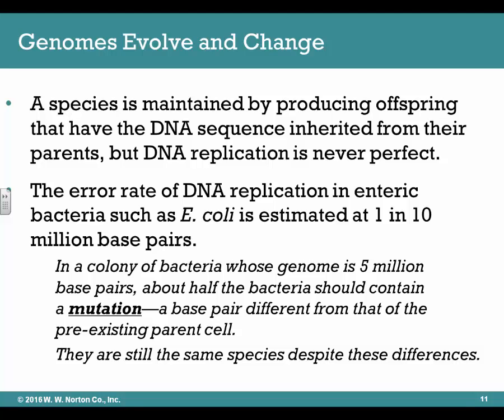And so about half the bacteria in that community should contain a single mutation, a single difference. That doesn't mean they're different species; they're just a variation on the species that we call strain differences. And it may not even be a strain difference, because it may not result in a change in the traits of that bacterium.